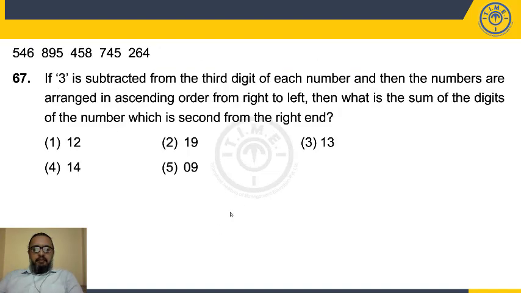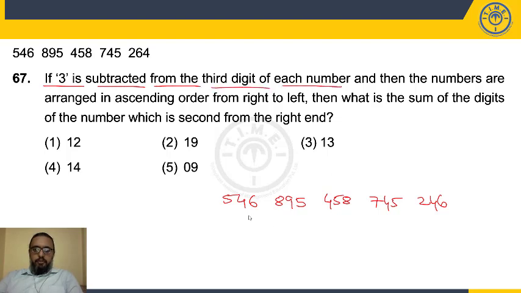Next. Again, the next question will have the same set of numbers. He says if 3 is subtracted from the third digit of each number, okay, third digit of each number you subtract 3.